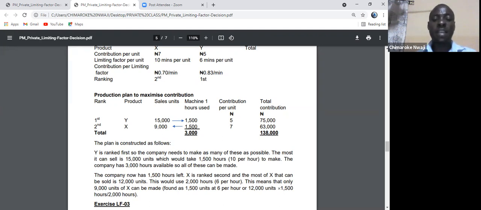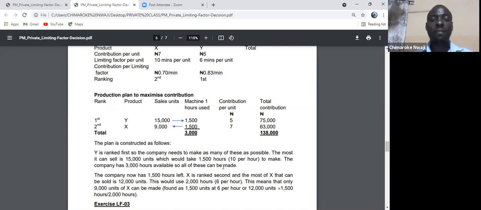So it means here that we have scaled down our production of X from 12,000 to 9,000. So can you now see the technique?